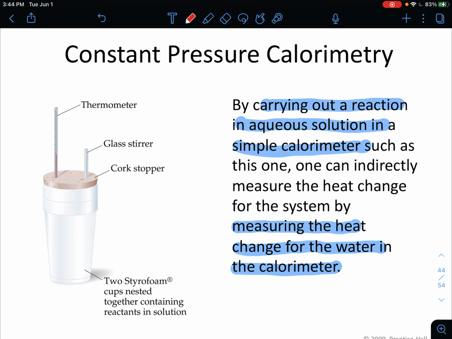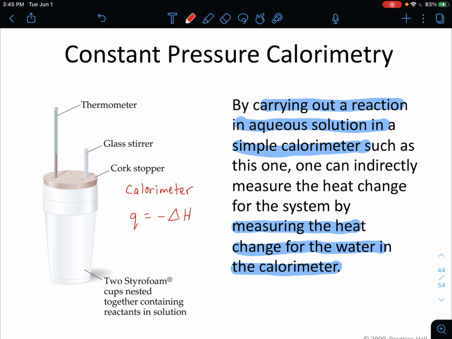So what ends up being true if we're in a calorimeter, and again, I know I say this all the time, but this is something we'll talk a lot more about in the second semester class.